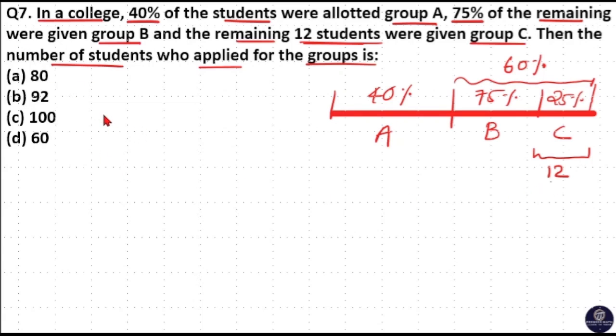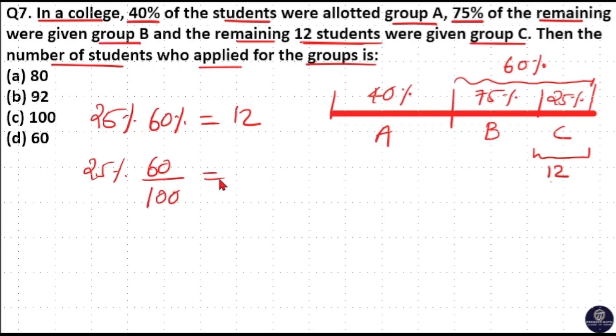So that means 25% of 60% is 12. Then here you can see 25% of 60 by 100 is 12. Now 12 goes 5 times. 5 goes 20 times in 100.